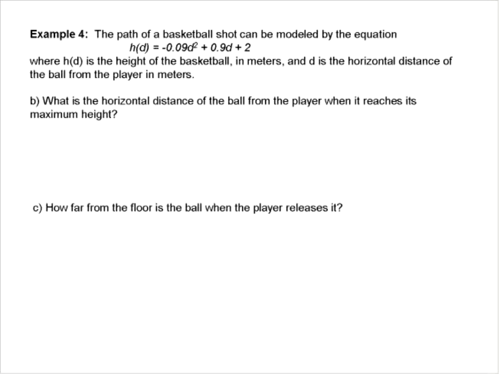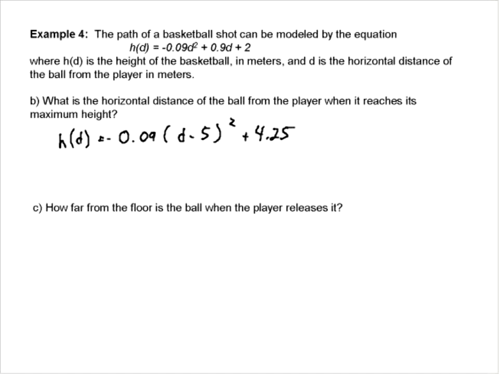So let's look at part B. What is the horizontal distance of the ball from the player when it reaches the maximum height? I'm just going to rewrite this equation. h of d is going to equal negative 0.09 times d minus 5 squared plus 4.25.